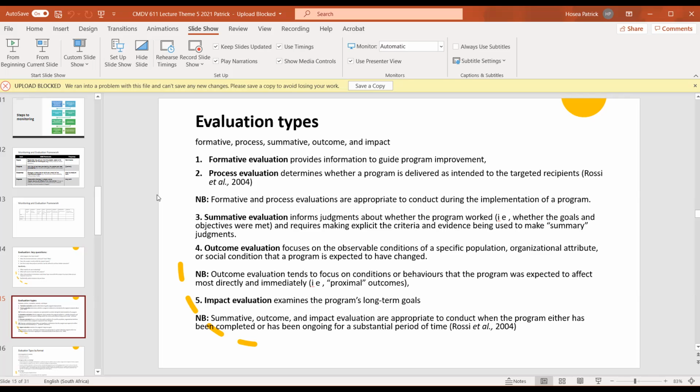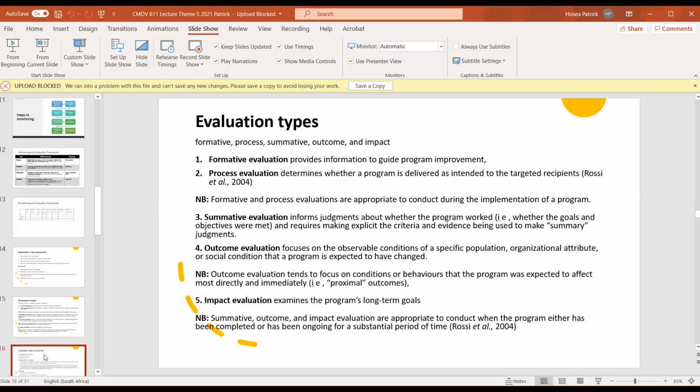So like we said, summative, outcome, and impact evaluation are appropriate to conduct when the project either has been completed or has been ongoing for a substantial period of time, right? If it has been ongoing for, let's say, the past 2 years, 3 years, 5 years, then you carry out an outcome evaluation as well as an impact evaluation.